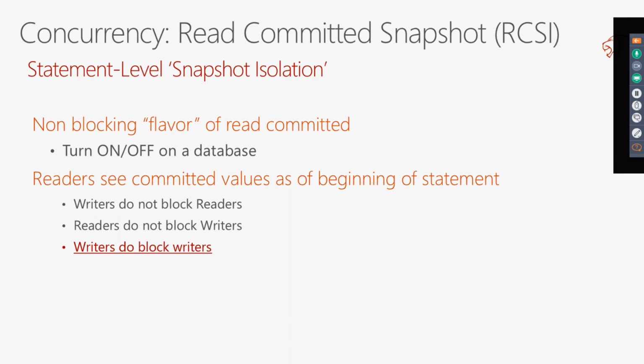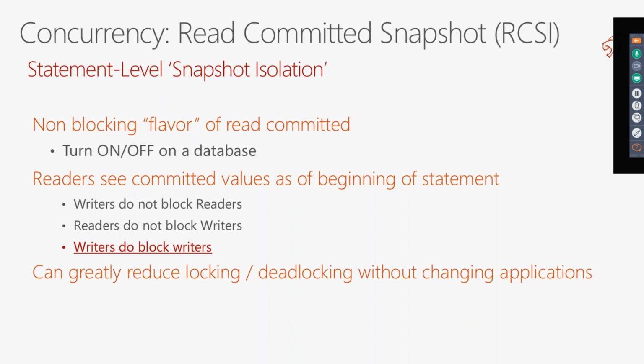When you do that, writers do not block readers, because the writer took an exclusive lock, but the reader will go to the previous version of the row. Readers do not block writers because a reader will not take a shared lock. It just reads the row version. When a writer comes, it copies the row that was being read to the version chain, and you're fine.